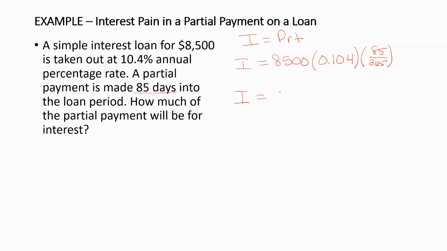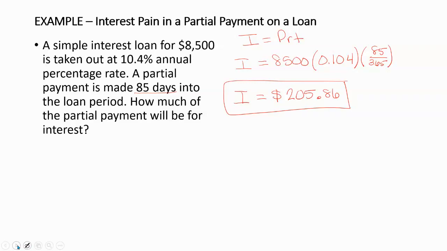And we have our simple interest of $205.86. So however much of a partial payment you decide to give at this 85-day point, $200 of that payment is going to be interest. Okay.